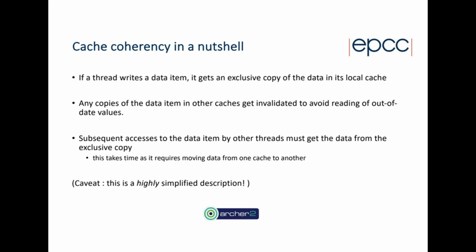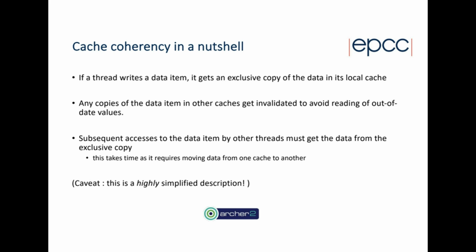The real hardware is very complicated, but a very simplified description, which allows us to think about it in a reasonable way and reason about it, is basically like this. Whenever a thread writes a data item, it will get an exclusive copy of that data in its local cache. Okay, so it will become the owner of the most up-to-date version of that variable.